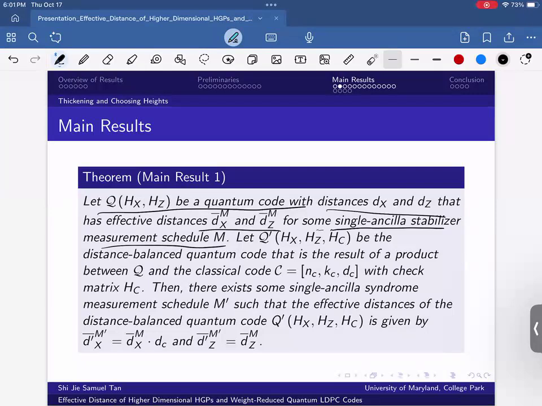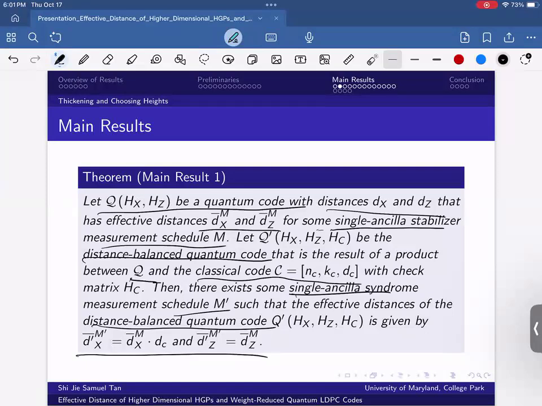And then if you have a distance balanced quantum code that is a result of Q and some classical code C, then for the resulting distance balanced quantum code, we can construct a new single ancilla syndrome measurement schedule such that this is the resulting effective distance. When you say schedule, you mean the circuit, basically, the measurement? When do you do the measurement, the order of the measurement?